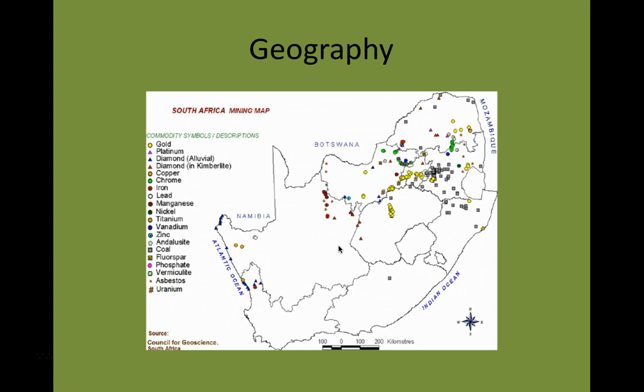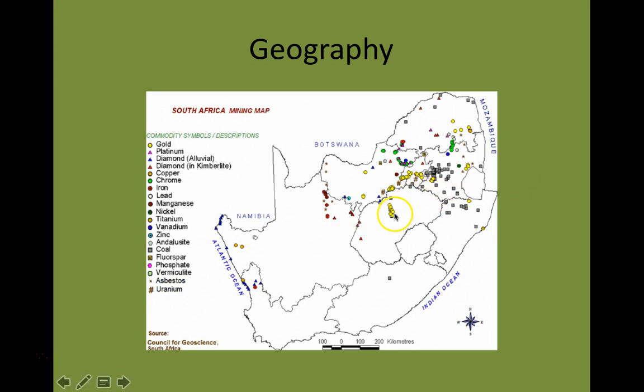Of course, the gold and diamond and other deposits which are found in great abundance in South Africa are not fully taken advantage of until modern mining techniques are able to delve deep into the earth, in some cases even a couple of miles deep into the earth with some of these gold mines.